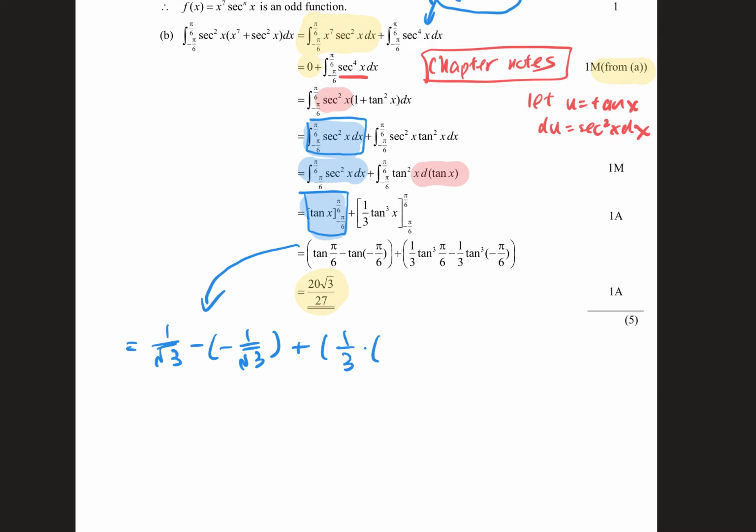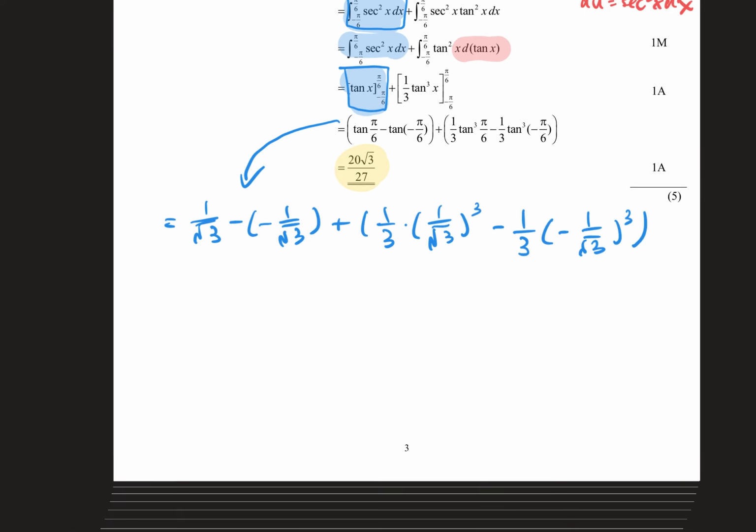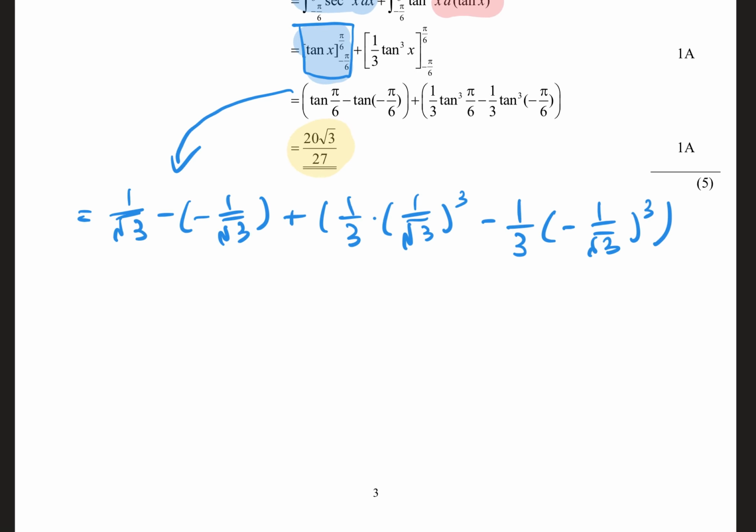So let us write this. I'm trying to follow the method that most of you have written in your work. So this is the value we obtained, the first part, and the second part.